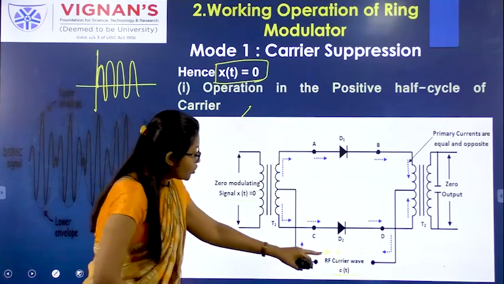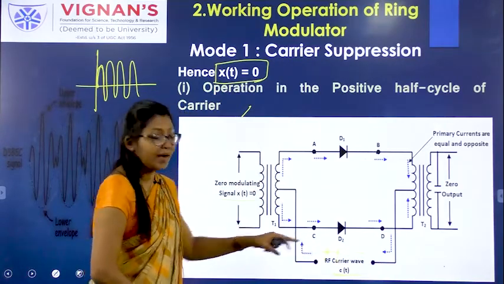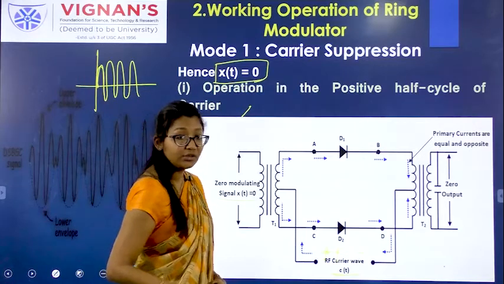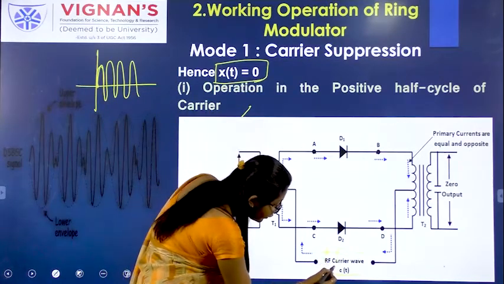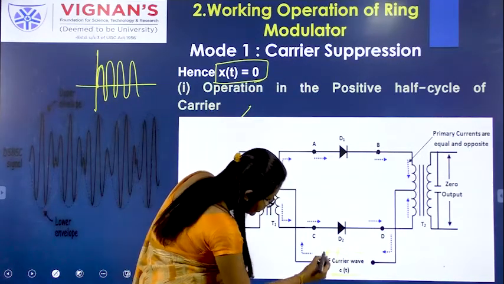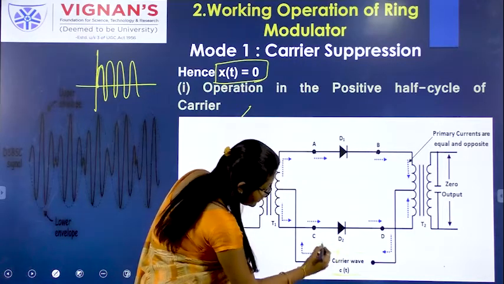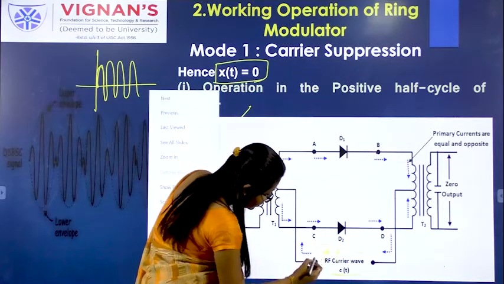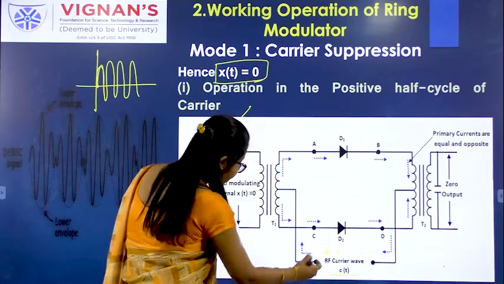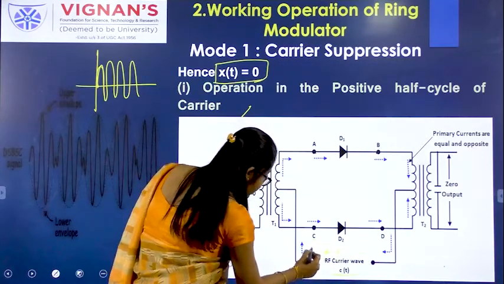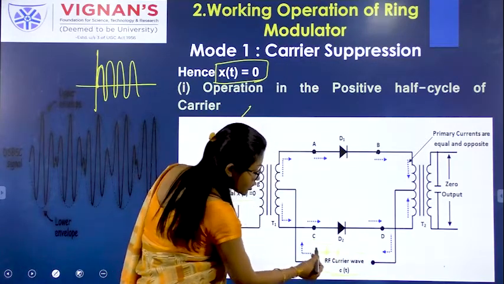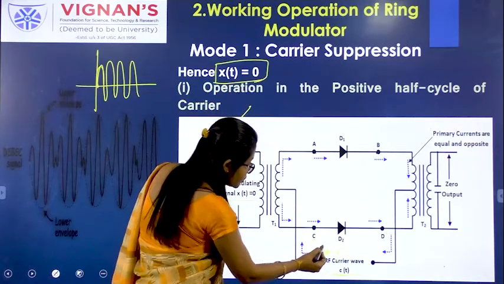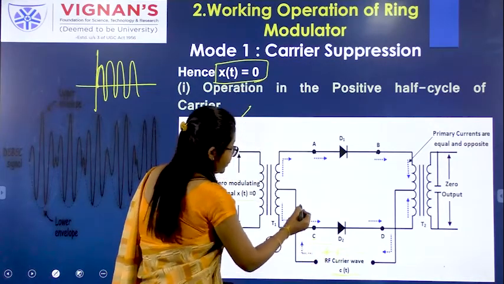So when you are giving plus and minus, what is the current flow direction? The current flow will be directed like this. So on the positive side it will be directed, so current flow will go.